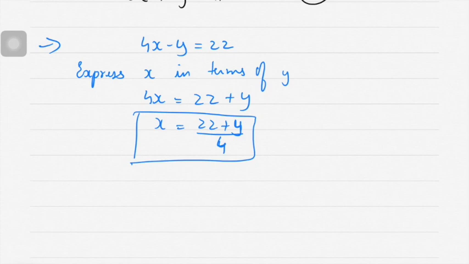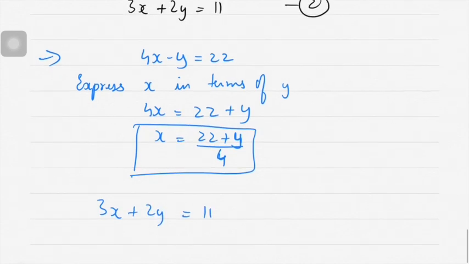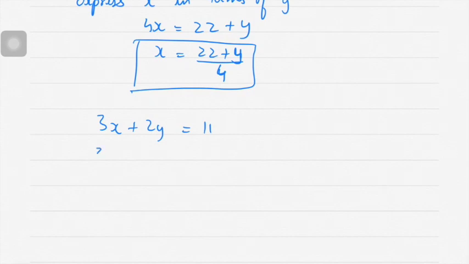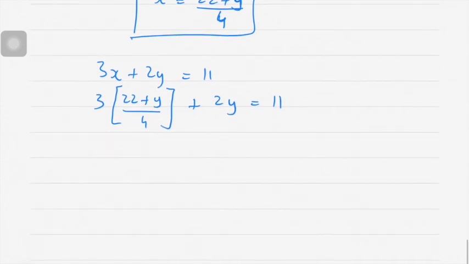Okay. Now let us take the second equation. So substitute this value in the second equation. The second equation is 3x plus 2y is equal to 11. Instead of writing x, you will write (22 plus y) upon 4. So 3 into (22 plus y) upon 4 plus 2y is equal to 11.